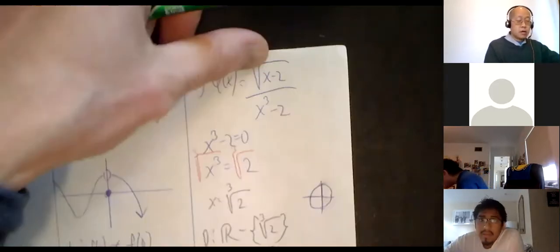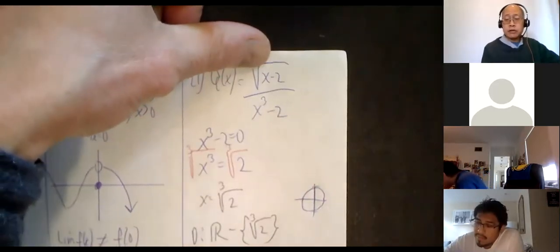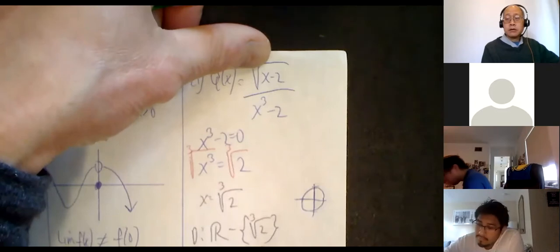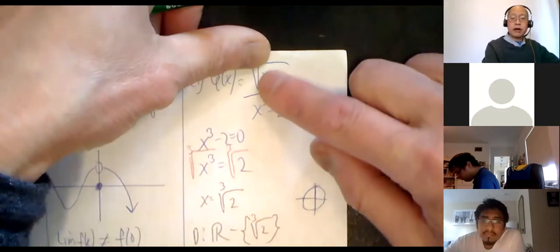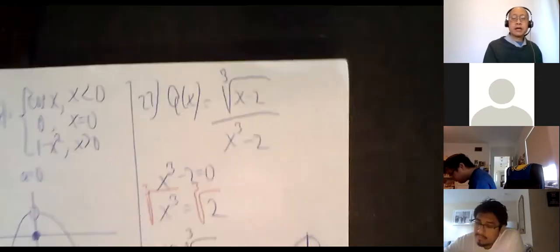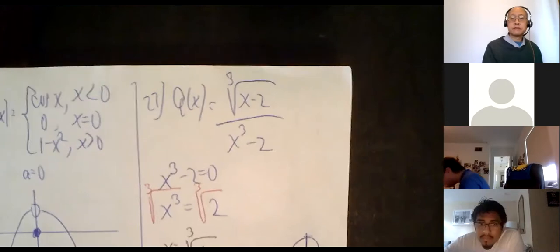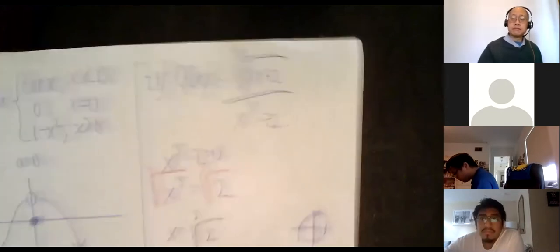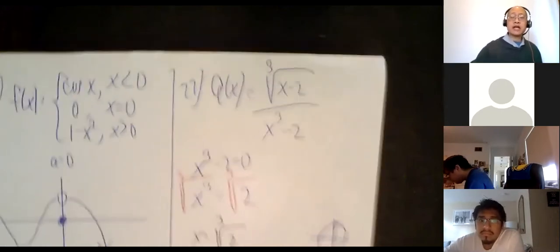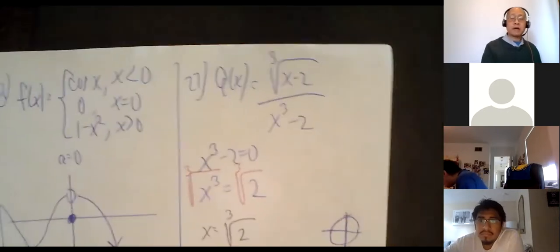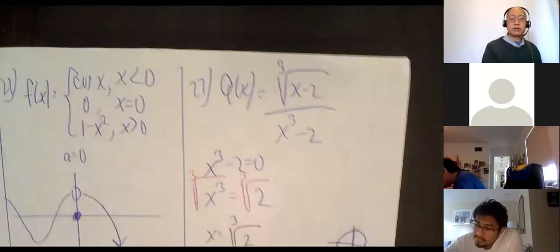Now we know for square roots, the thing underneath has to be greater than or equal to 0. But how about for cube roots? Am I allowed to take the cube root of a negative number? Yes, I am. The cube root of a negative is negative. Cube root of a positive is positive. Cube root of 0 is 0. So no problems for the top.